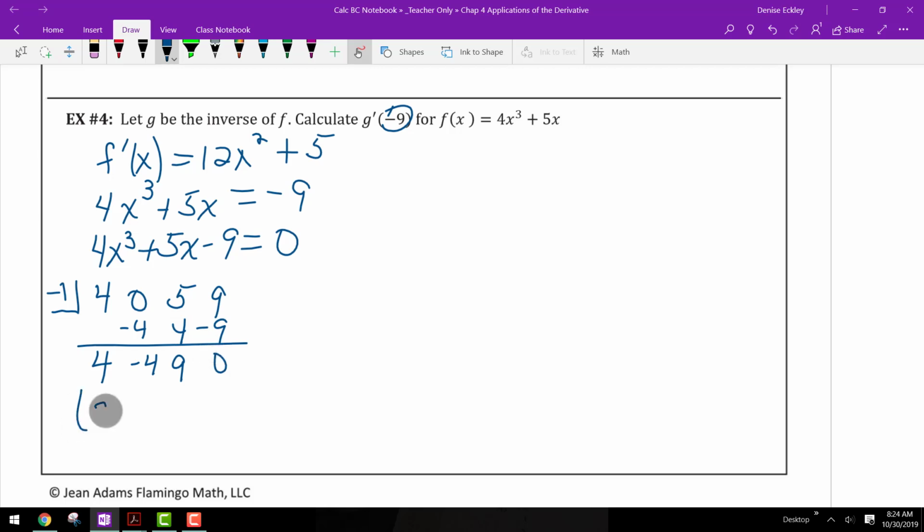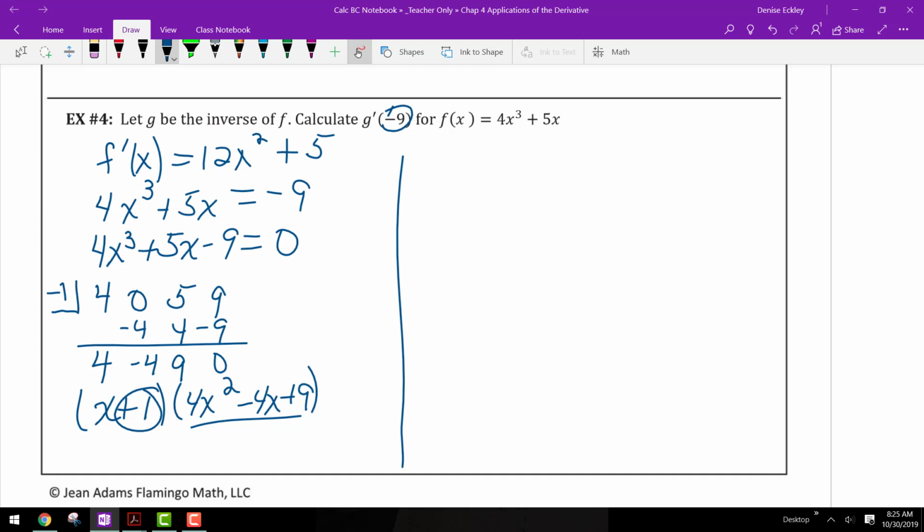So this factors into x plus 1 times 4x squared minus 4x plus 9. From there, I could use the quadratic formula on this, but this is the point I want right here. From that, I can find f of -1 is 9.